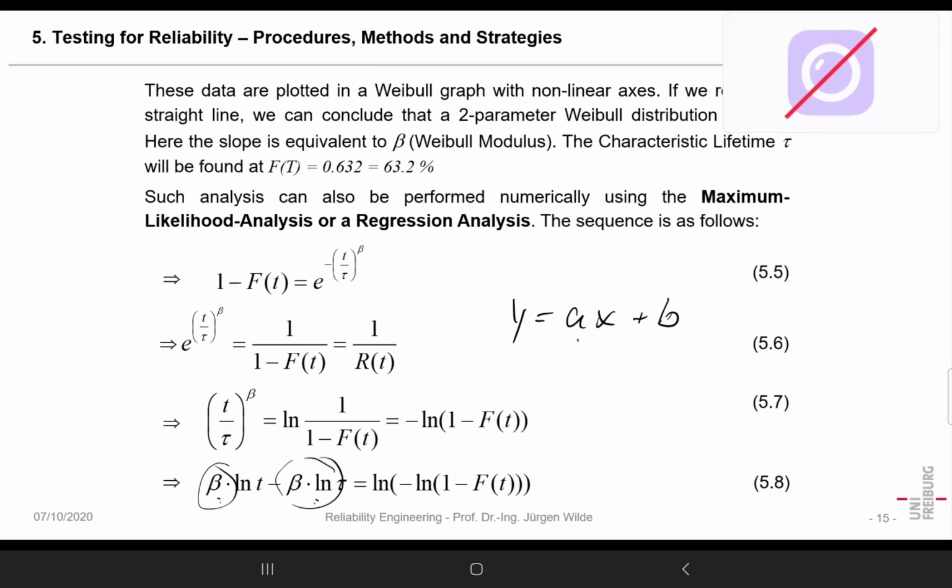Okay. What's another way? What's another way to find out if you have a certain distribution function? So straight line is something qualitative. So you plot it and then you look, is it a straight line or not? If it's a straight line, it's quite probable that function is valid.